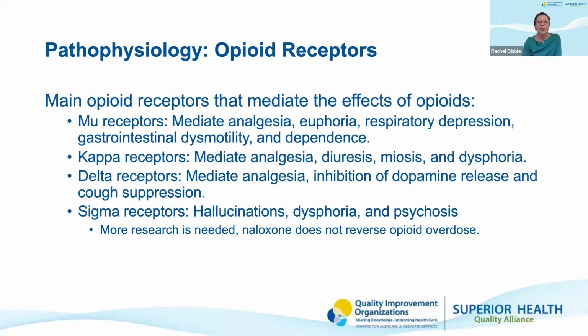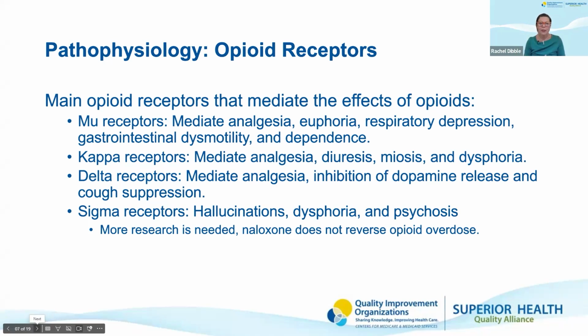Its job is to mediate analgesia, euphoria, respiratory depression, GI motility, and dependence. That receptor does all of that, which is amazing. It makes you breathe, it makes you feel good, it stops the pain, it moves my gut. So what happens with people who are on opioids who are not on a bowel regimen? That's why motility matters. That's why they get a bowel obstruction.